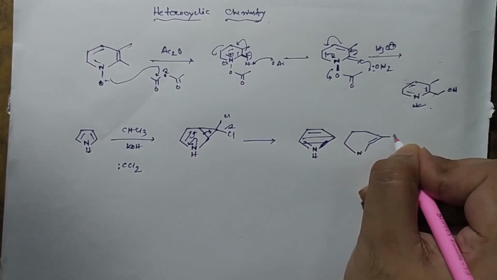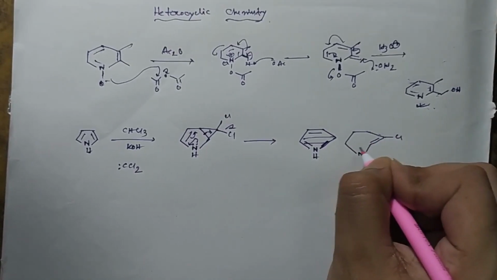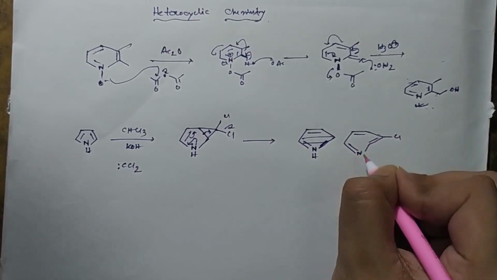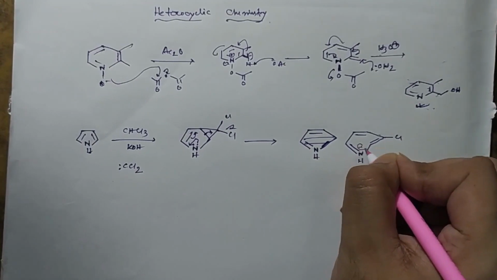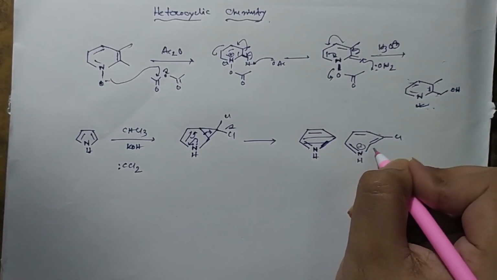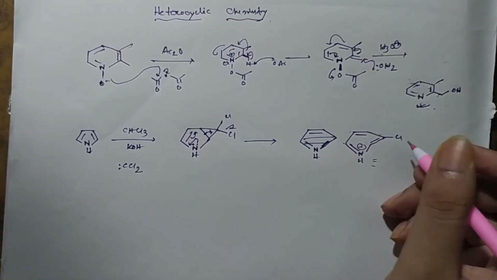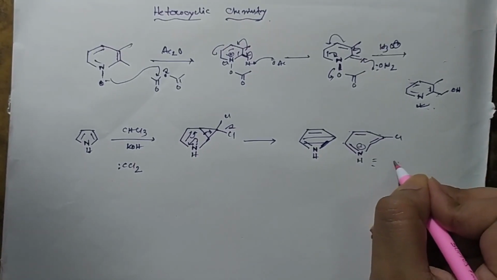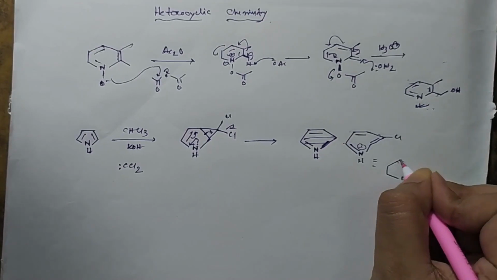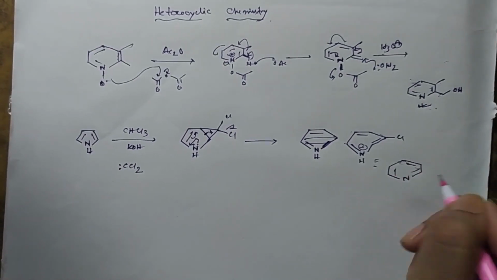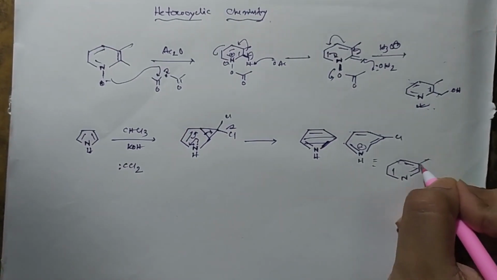This is like this. This is a 6-membered ring: 1, 2, 3, 4, 5, 6. So if I write correctly, that will be a chlorine-substituted pyridine. This is the answer.